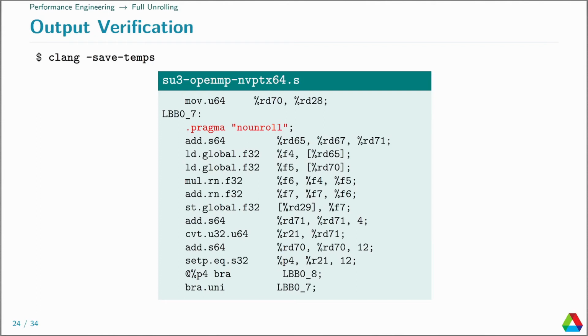Because of this, NVIDIA supports an unroll pragma to tell it either to unroll by a factor or to not unroll at all inside the NVPTX code. And we can see whether it's inserted using the -save-temps flag. This will write out a file, openmp-nvptx64.s, as for assembly. And there we can look whether it has been unrolled or not.